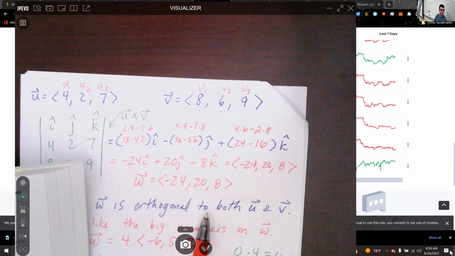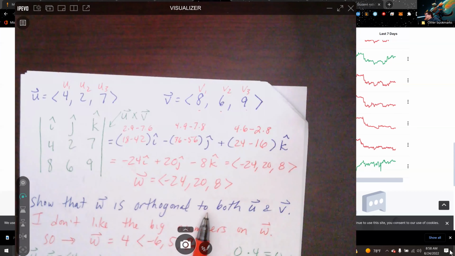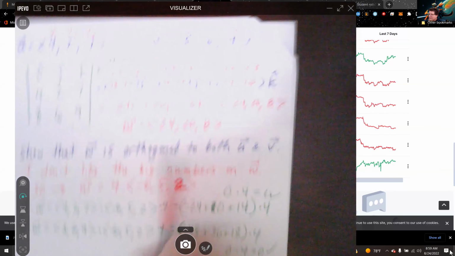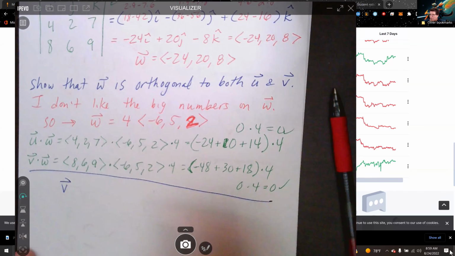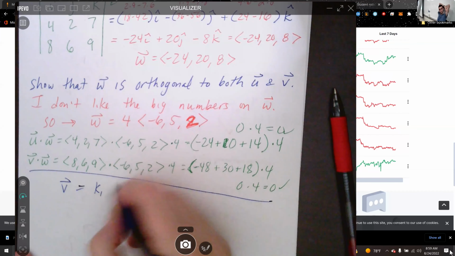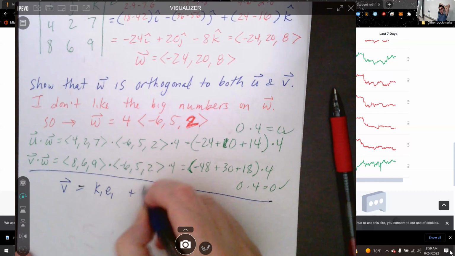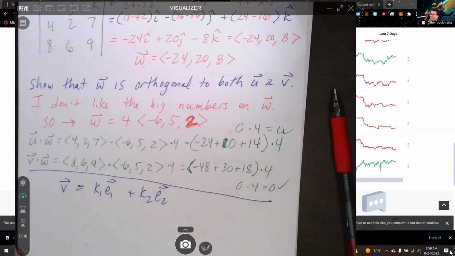Okay, number 25. Oh, okay. I see. Okay, so another way of wording, we have V equals K1 E1 plus K2 E2, where the E1 and E2 don't have to be unit vectors.